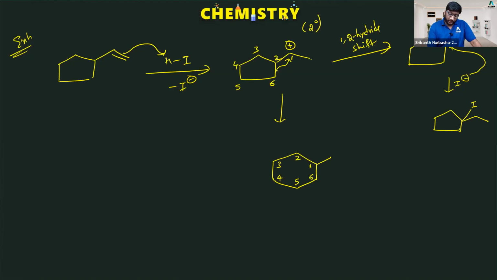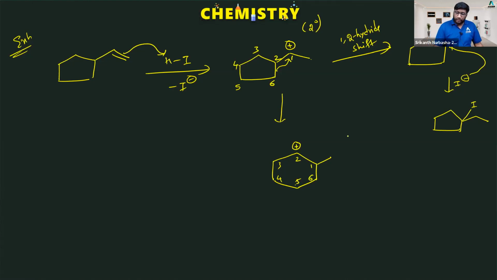Yes, sir. So the second carbon atom, which has seen the net loss in electron density, will gain a positive charge. The first carbon, which has seen the net gain in electron density, has its positive charge nullified. This is with respect to your 6-membered ring. Now you can remove the numbering if you want; if you want, you can keep the numbering also, not an issue. 1, 2, 3, 4, 5, 6.